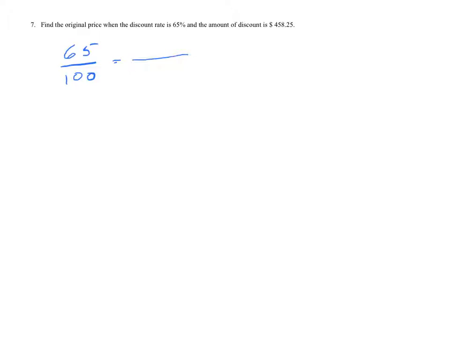So now here's another case where you don't want to just plug the big number in as the total. That $458.25 is the amount of discount, and the original price is unknown. Find the original price.